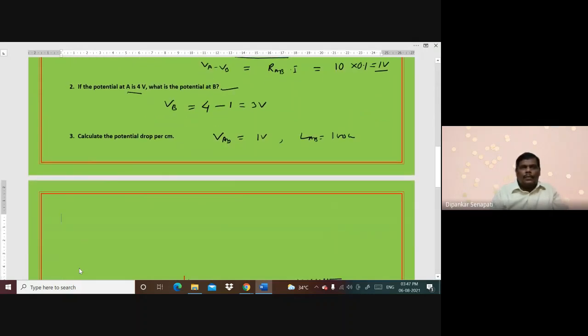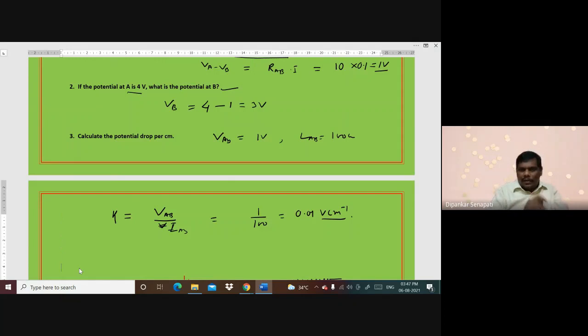Then the potential drop per centimeter, let me write this as K. K is equal to VAB by LAB, that is equal to 1 volt by 100 centimeter, that is 0.01 volt per centimeter. Alright. This is the potential drop per centimeter.